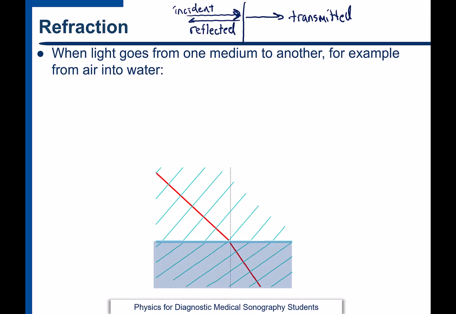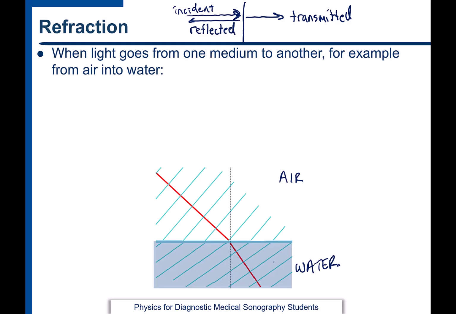But it turns out that if the sound is coming in at an angle, then we get refraction, just like we do for light, which is what we're about to talk about. So what we want to figure out is what happens when light goes from one medium to another. For example, let's say that this is air up here and this is water down here.